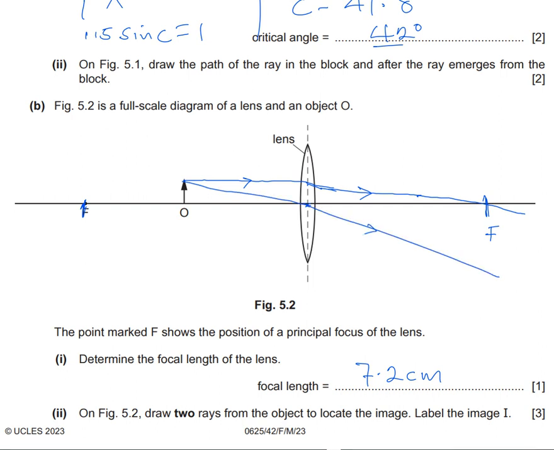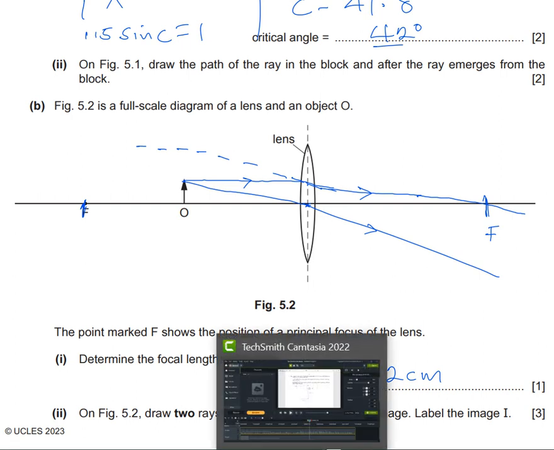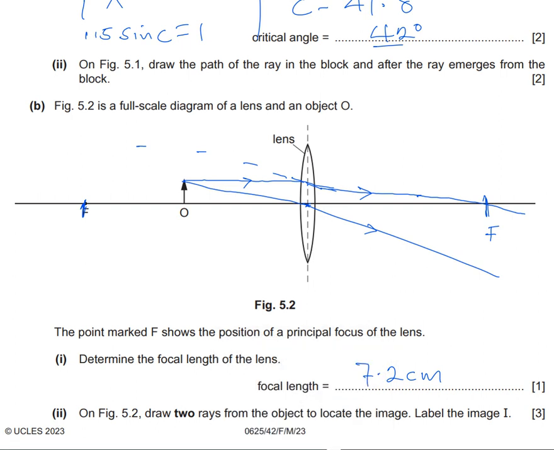So these two rays, you extend them or you prolong them backwards. But of course, make sure that you are using a ruler. Don't be like me. So use a ruler, prolong them backwards, extend them.